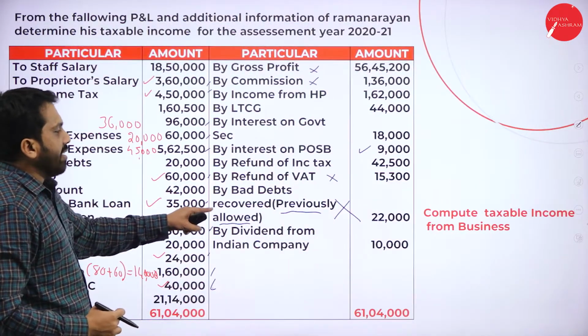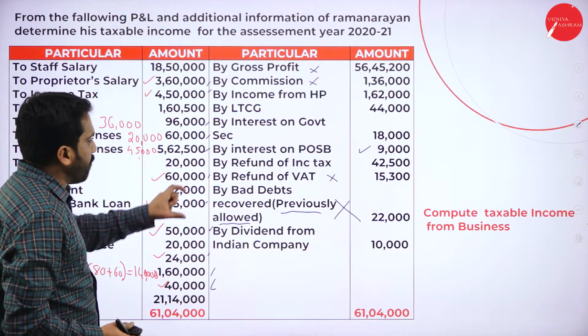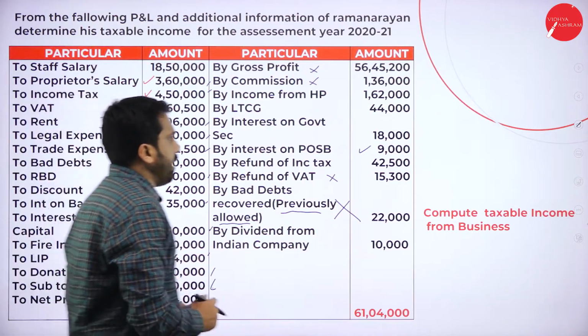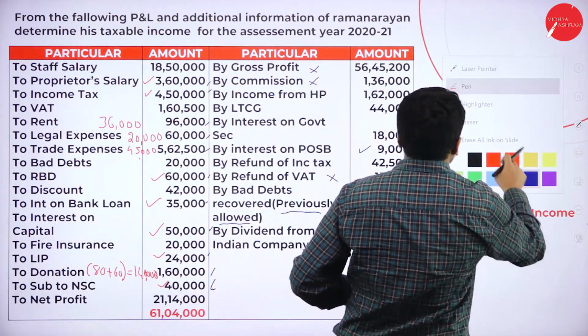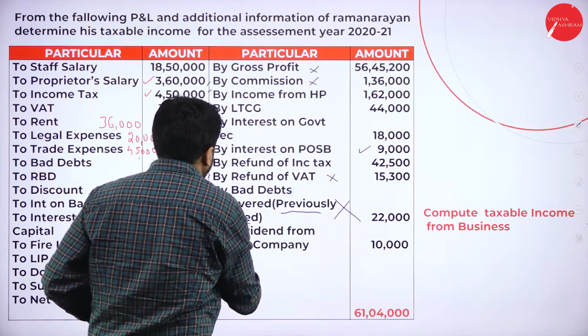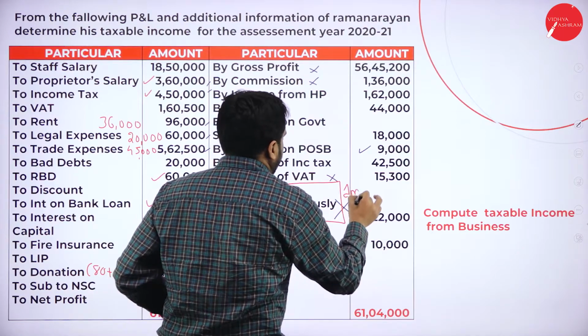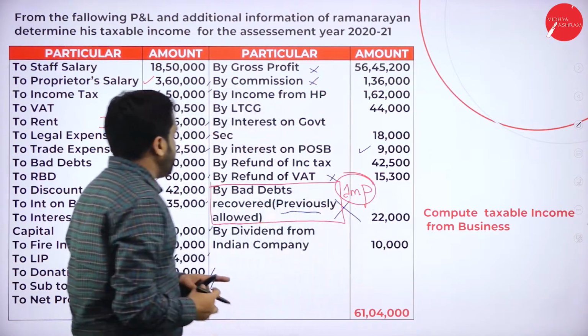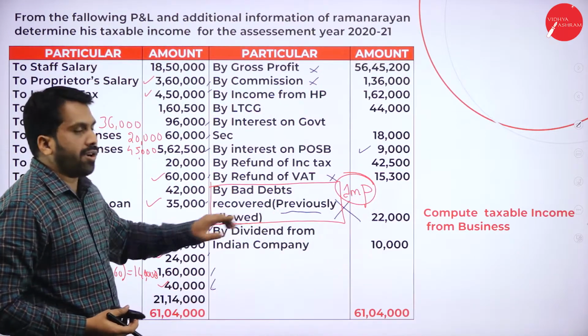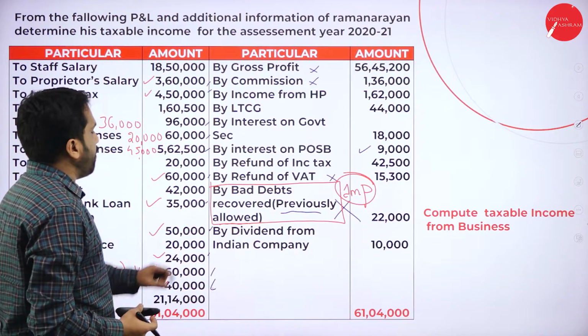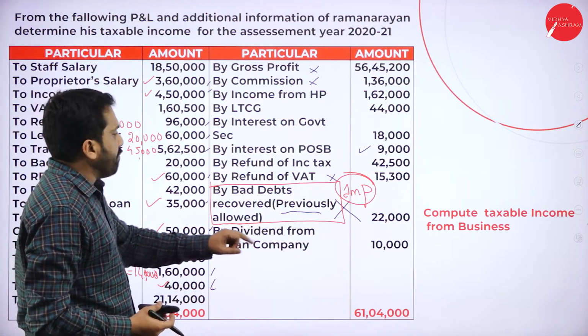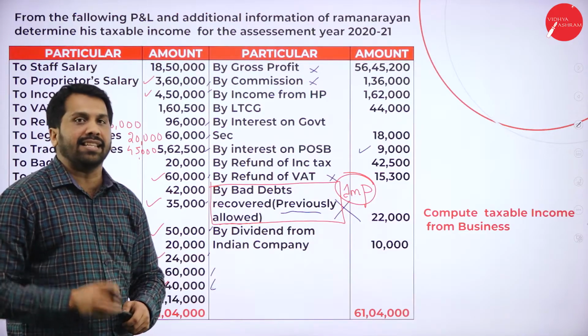Then we have bad debts. As I told you clearly, this is a very important one. I'll mark it as important so that you will understand. If it is mentioned that previously allowed, we will not take. Clear? Now, we will not consider dividend from Indian company.